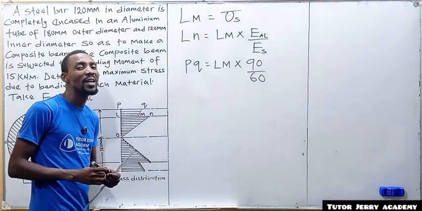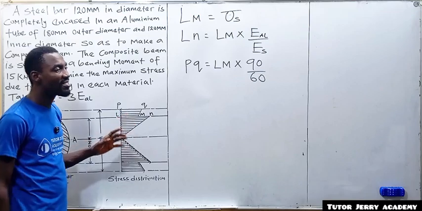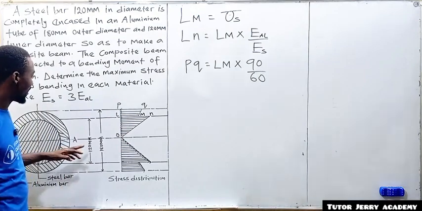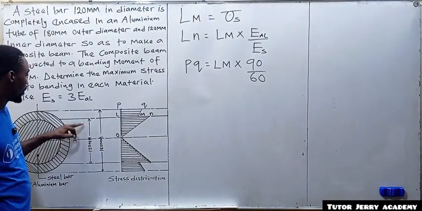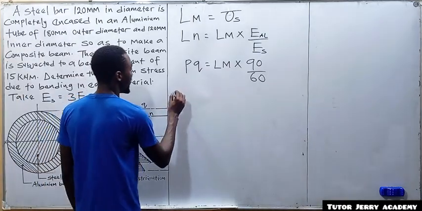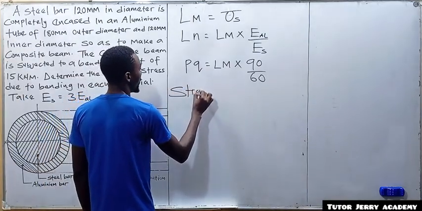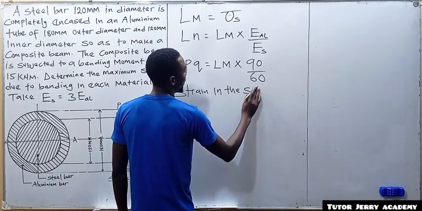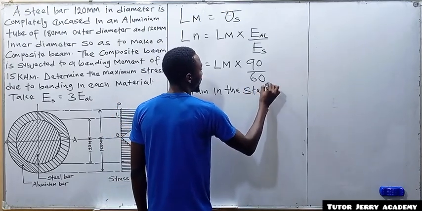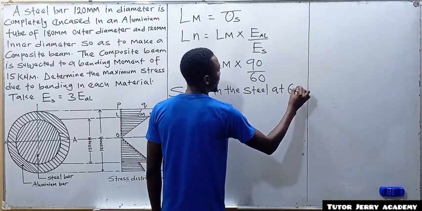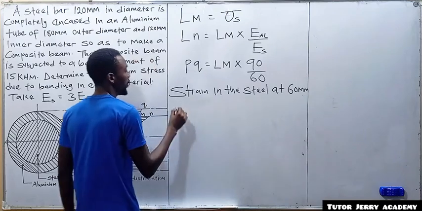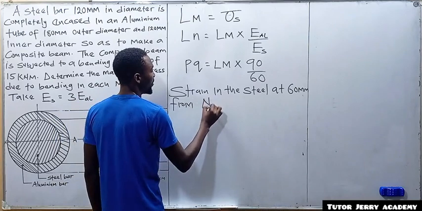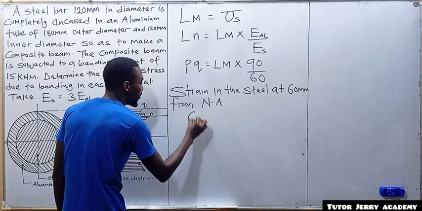So the next thing we have to do now is to look for the strain in the steel at a distance of 60 mm from the neutral axis, from this point to this point. All right. So the strain in the steel at 60 mm from the neutral axis, we are going to denote with this.